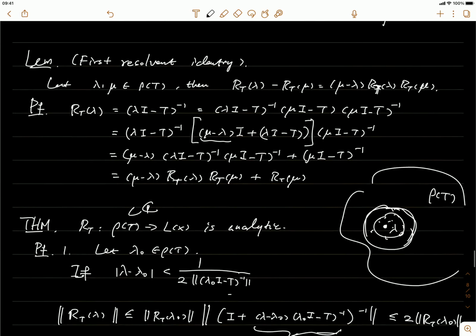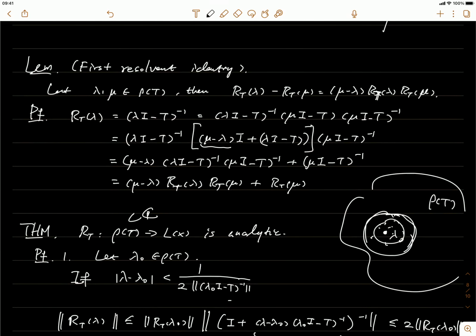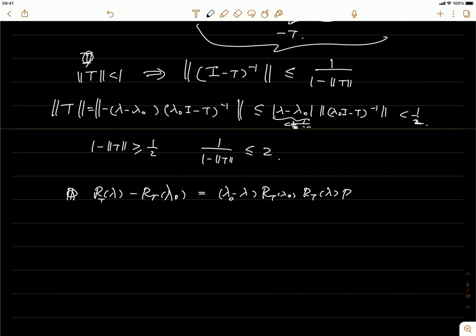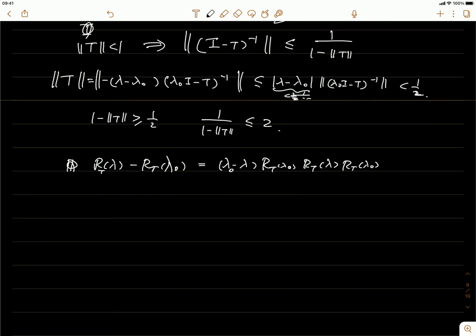Which one goes first? The lambda one goes first. Okay, it doesn't matter later on because we're going to separate them. Then we take the norm on both sides. I had a double of this, so this is not here.